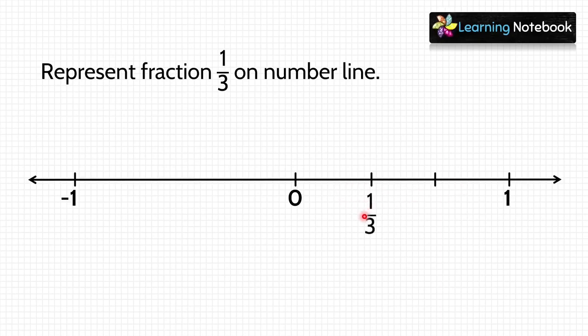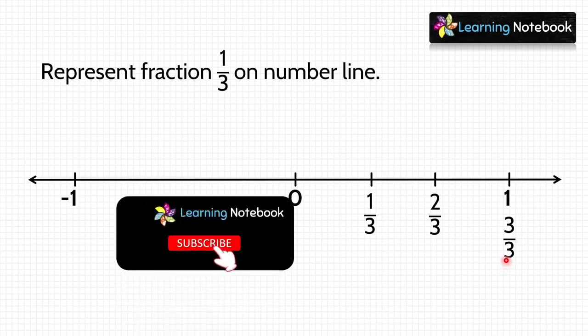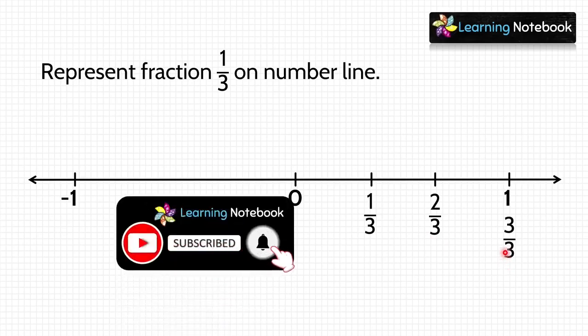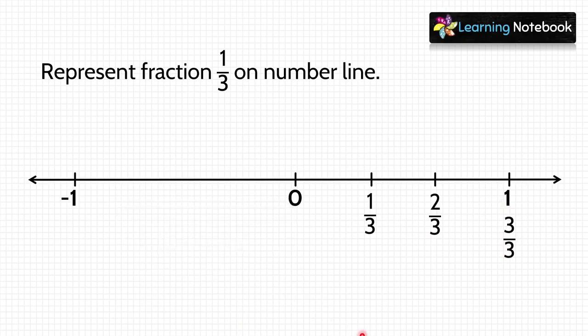This first part represents 1 by 3. Second part represents 2 by 3. And this third part represents fraction 3 by 3, or we can say 1. So, in this way, we can represent any fraction on a number line.